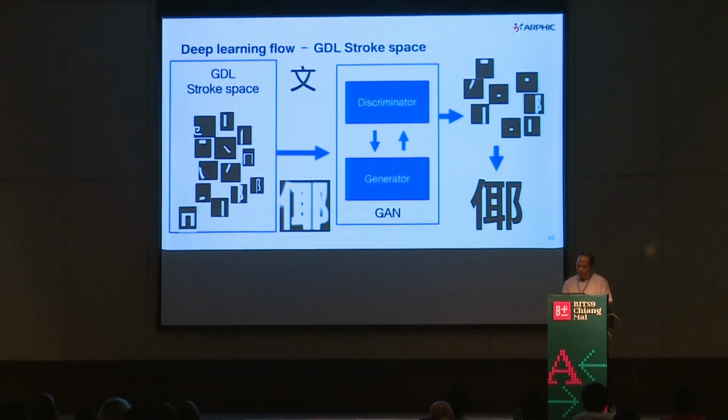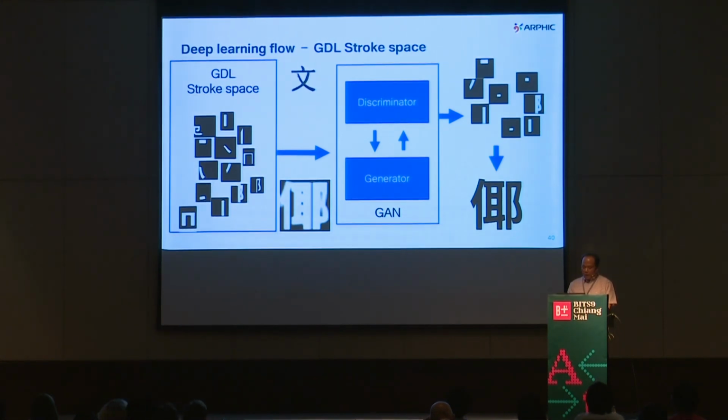Second, convert the GDL stroke data into a stroke space that can be used for deep learning. During the training process, continue to use GDL stroke data to test the combination of strokes that best fits the target.